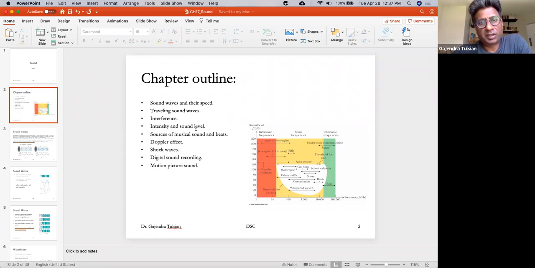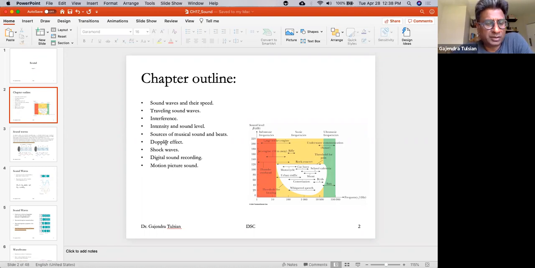We'll look at intensity and sound levels. Intensity is related to how much energy is passing per unit area per second, and the loudness level is how loud we perceive the sound to be. Okay, so we'll talk about all of that.